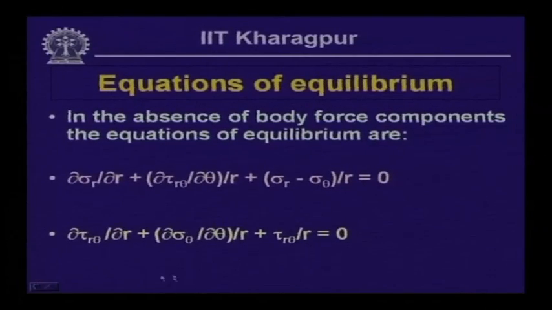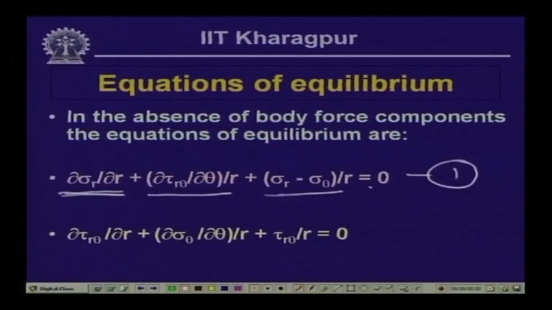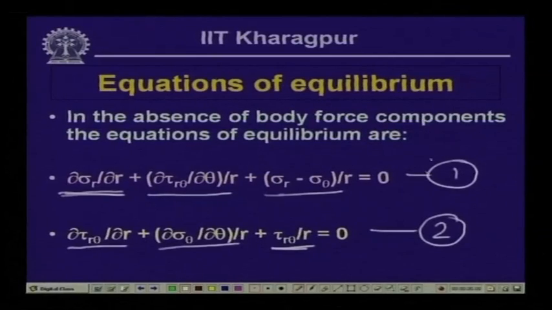Hence, we have del sigma r del r plus 1 by r del tau r theta del theta plus sigma r minus sigma theta by r equals 0 as the first equation of equilibrium, and del tau r theta del r plus 1 by r del sigma theta del theta plus tau r theta by r equals 0 as the other equation of equilibrium. These are the two equations of equilibrium explained in reference to the polar coordinate axis system.